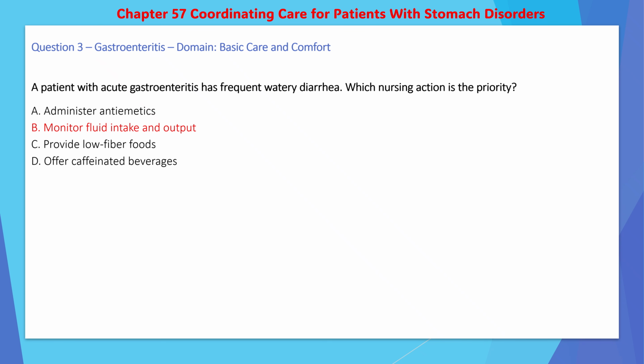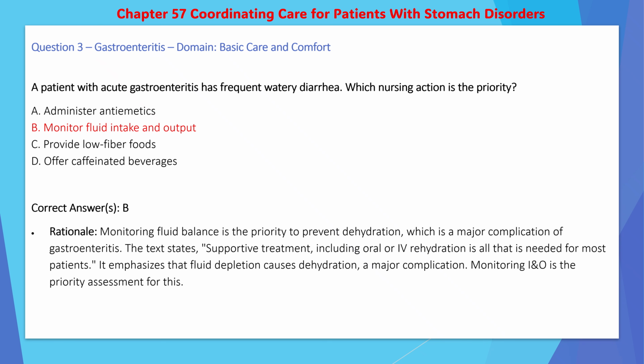Monitor fluid intake and output, because monitoring fluid balance is the priority to prevent dehydration, which is a major complication of gastroenteritis. The text states that supportive treatment, including oral and IV rehydration, is all that is needed for most patients.